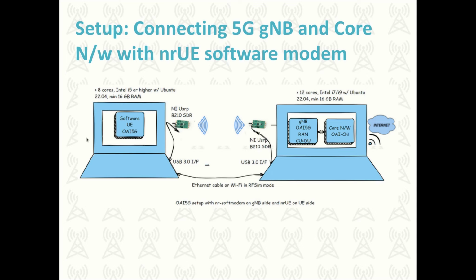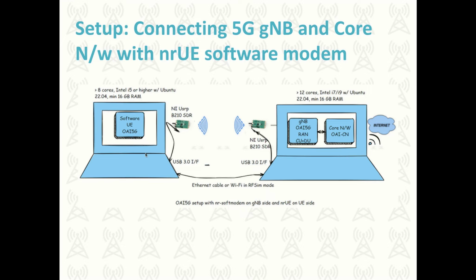right? And then if you want to run everything in RF simulator mode, then you can use the Ethernet cable or Wi-Fi. Or suppose you want to use an SDR live network with NR UE also implemented in the software, then you will use one more SDR. So the NR UE is running in software and connected to an SDR, emulating the functionality of a mobile.